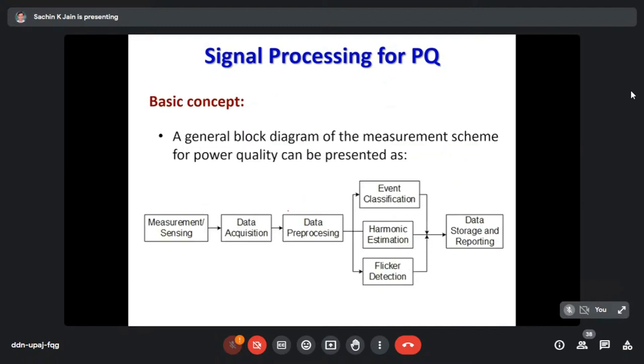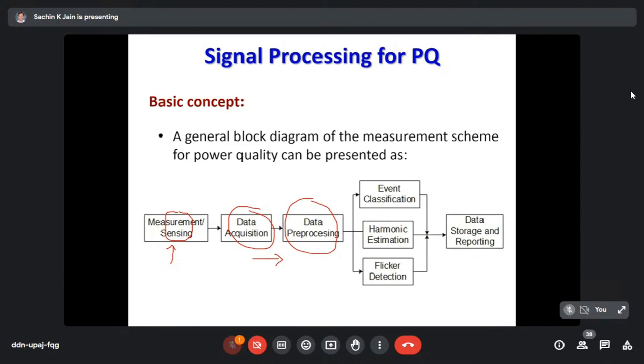This is a general block diagram for a measurement scheme for any power quality problem. So you have measurement, sensing of some signal, maybe voltage or current. So you may have CT or PT here. Then you have a data acquisition system that may involve your anti-aliasing filter, analog to digital conversion, sample and hold circuits. Then you have some data pre-processing. Suppose you have acquired your data, there are noises, there are missing data, there is some time skew or something.